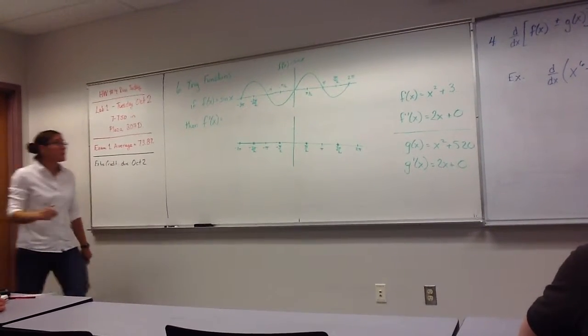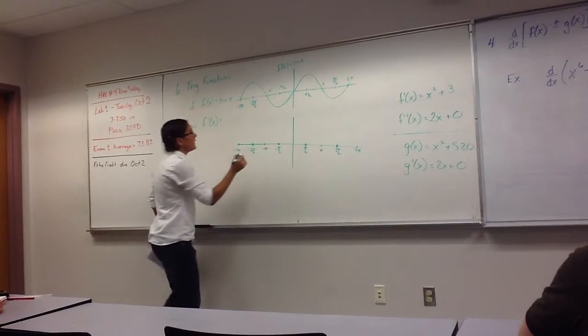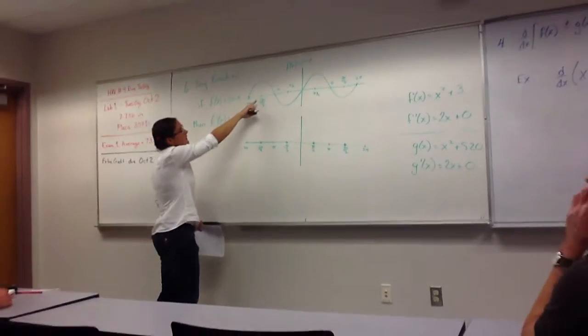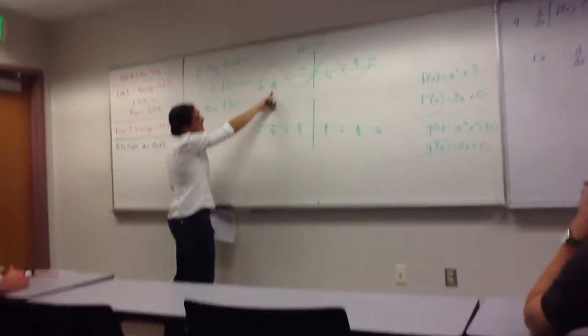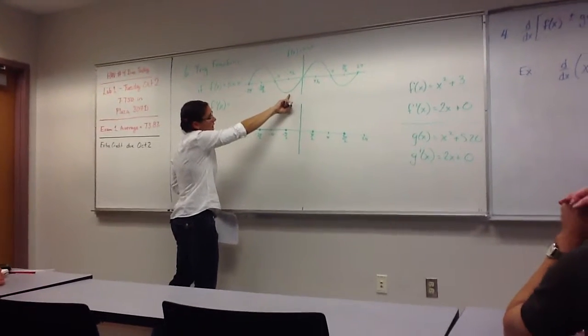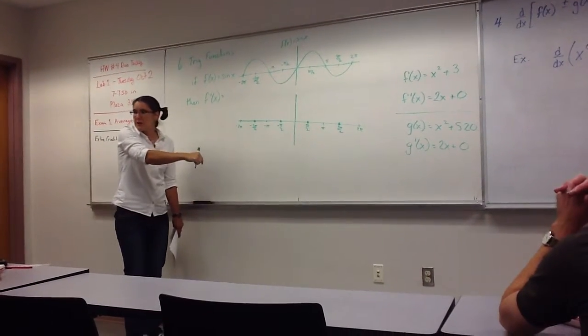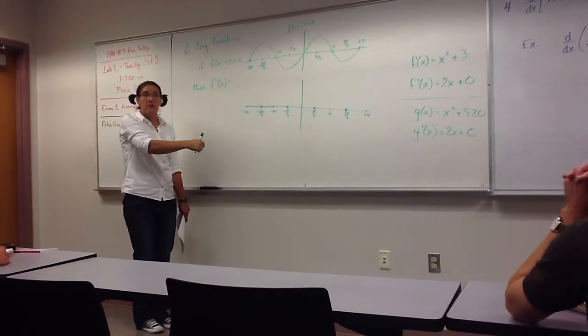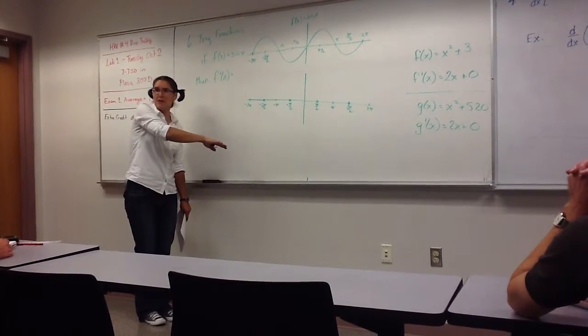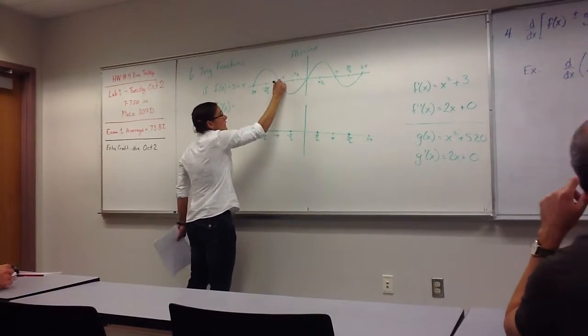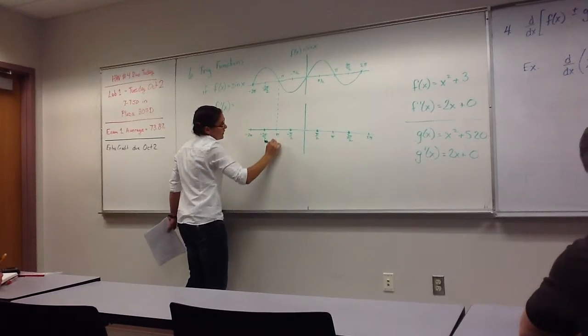Okay. So here we've got our zeros. Now, let's see, our sine function between negative 3 pi over 2 and negative pi over 2 is decreasing. So our derivative will be below the x-axis, with the lowest point below the x-axis occurring at negative pi.